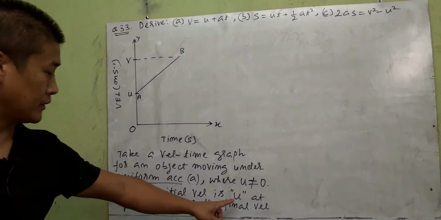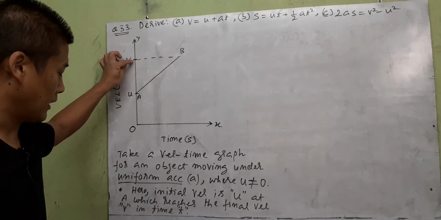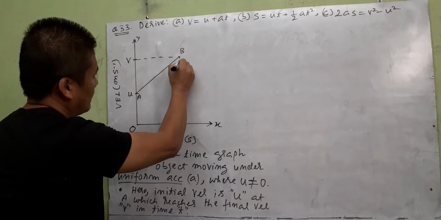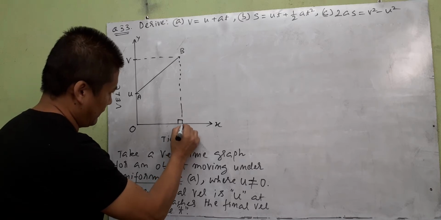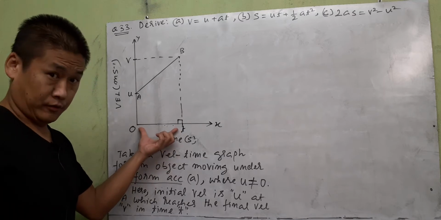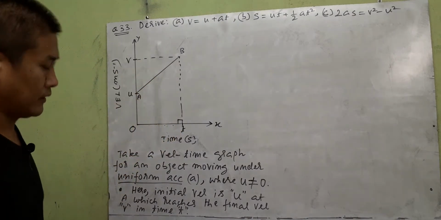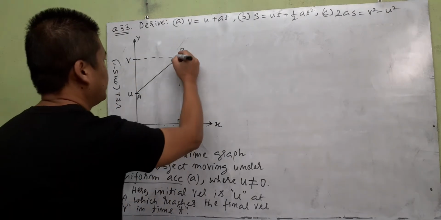So its initial velocity is u at A, and it reached the higher velocity v, the final velocity, in a time period of t. If you draw a perpendicular, this is the time period from here to here, 1, 2, 3, 4, 5 seconds. How many seconds it took, we don't know. That much time it took to reach this final velocity.